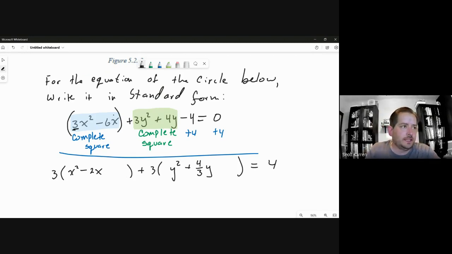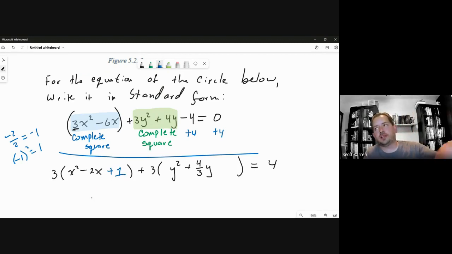So in the x, it's not the most difficult thing. My middle term coefficient is -2. Half of -2 is -1. And if I square -1, that's 1. So I'm going to add 1 here.